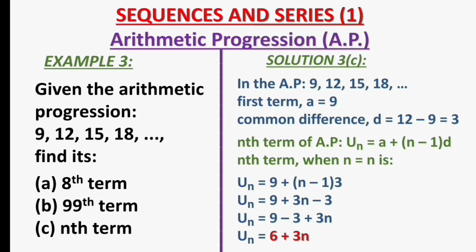Collecting the like terms, the nth term U subscript n is 9 minus 3 plus 3n. The nth term of the arithmetic progression is 6 plus 3n. I hope all the solutions in example 3 are clear to you.